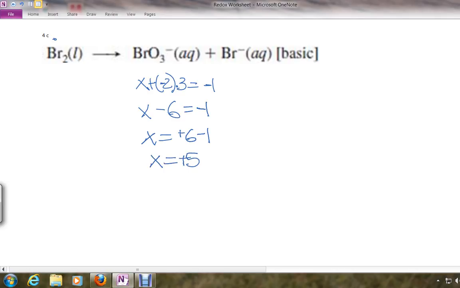So here it's 2, 1, and 1. So one bromine goes to +5 and the other one to -1.